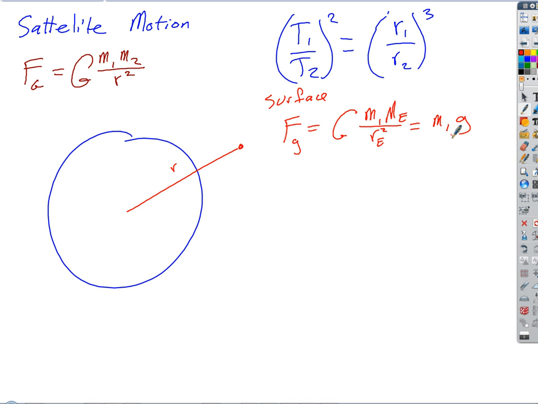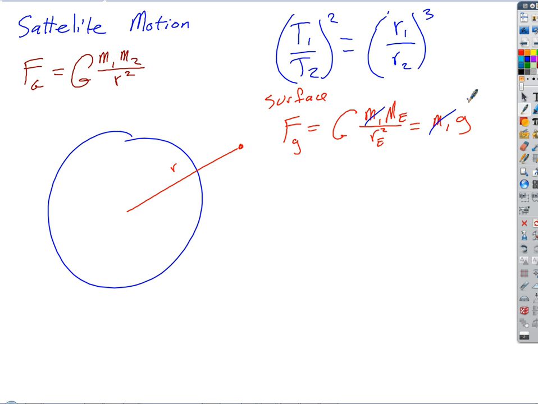Little g. So algebraically, if I want to solve for g, what's the only thing I have to do? Just divide away the mass of the object itself. Little g we now recognize as big G times the mass of the Earth divided by the radius of the Earth squared. That's how we get little g.